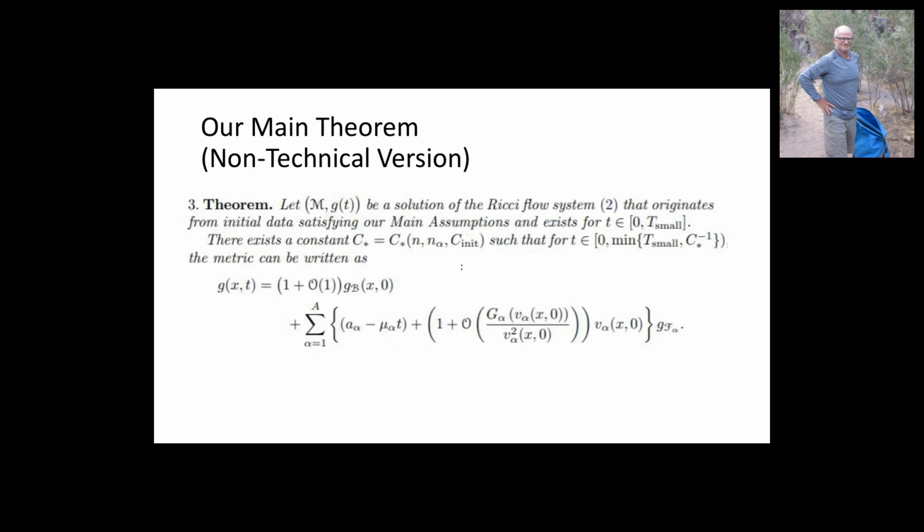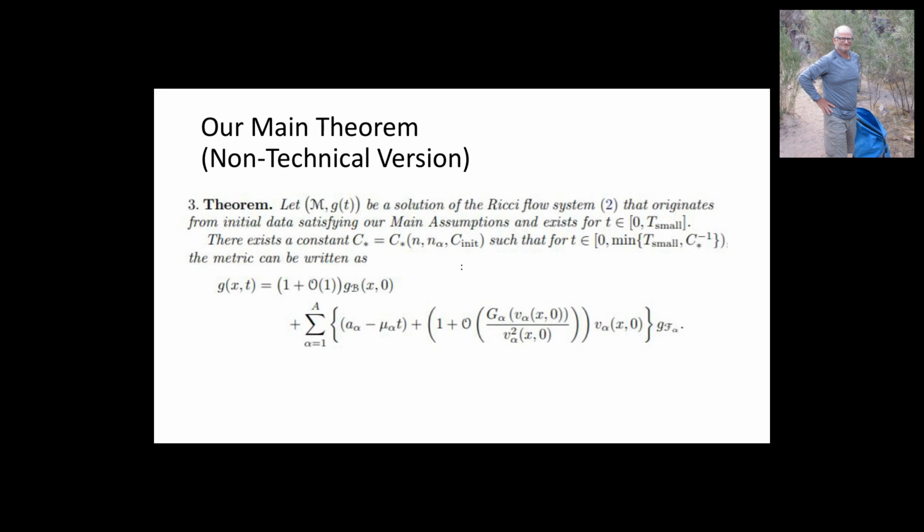So if we take metrics of this multi-warped form, and if we assume they satisfy these assumptions, we can state our theorem. I'm going to first give a somewhat non-technical version, and then I'll give a more technical version.